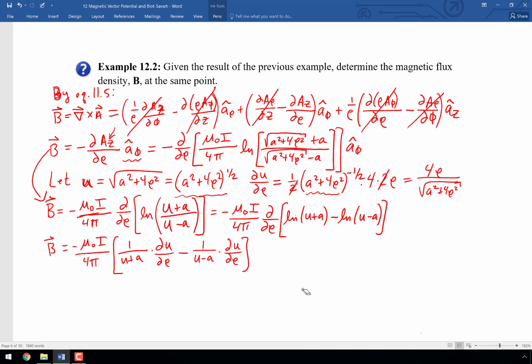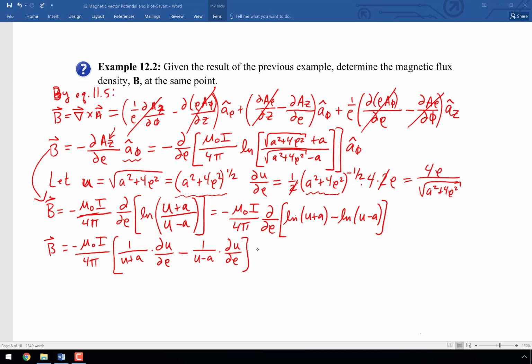Now, if that step was confusing, all I did there was first of all, I broke the natural log into 2 natural logs. I applied the fact that the derivative of the natural log is 1 over that quantity, and then I had to use the chain rule by putting a du d rho at the end of each one of those terms.